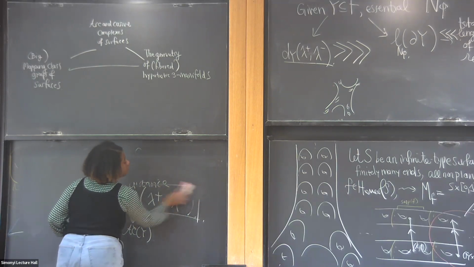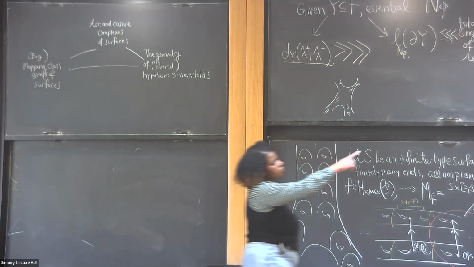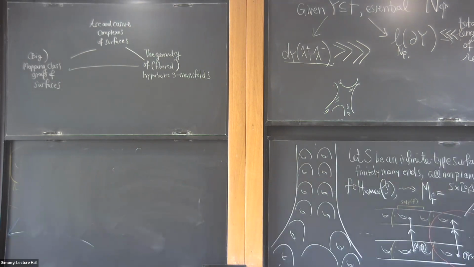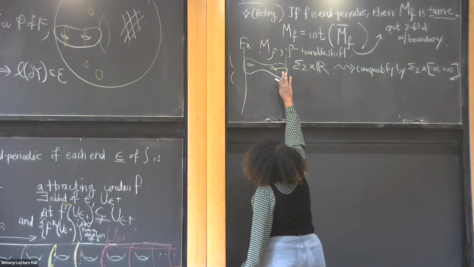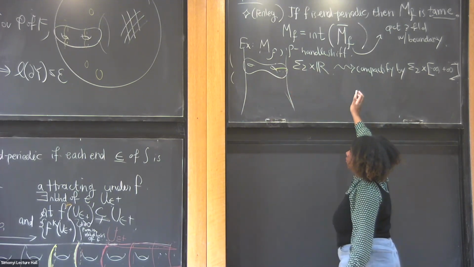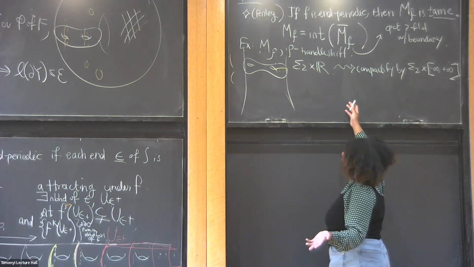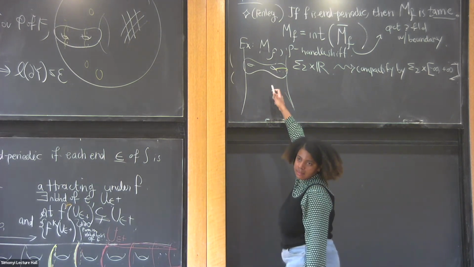Greg, can I ask you a question? Yeah, for sure. On that top board, when you say compactified by sigma 2 cross closed interval, where does the... Oh, I mean this here is sigma 2 cross R. So what's a natural way to compactify that? Maybe to get a closed 3-manifold with boundary, I just include an infinity point at each end.